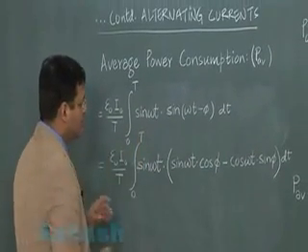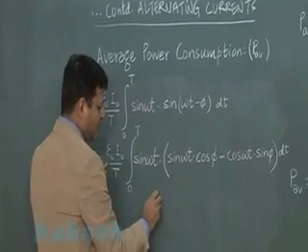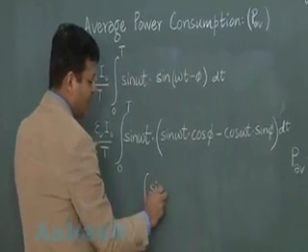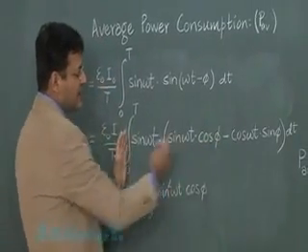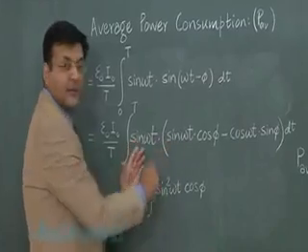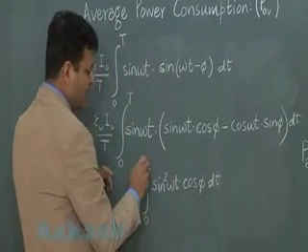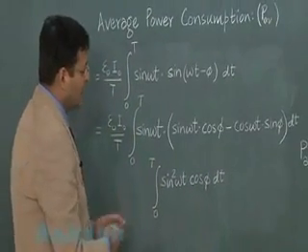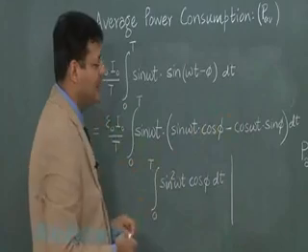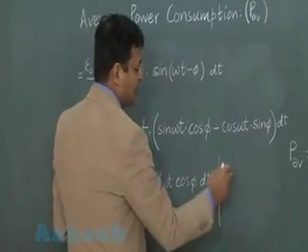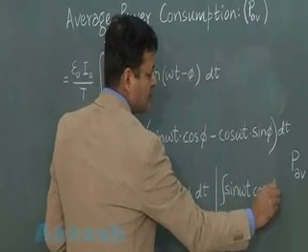Now, you see that here you have two parts of the integration. If you look at this part, you are expected to integrate sin square omega t into cos phi. Understand? Here I have taken only the first term, sin square omega t, because these two are to be multiplied and to be integrated between 0 to capital T. That is one part. And the second part of the integration involves sin omega t, cos omega t and sin phi. The second part of the integration, which you see, is involving sin omega t, cos omega t, sin phi.